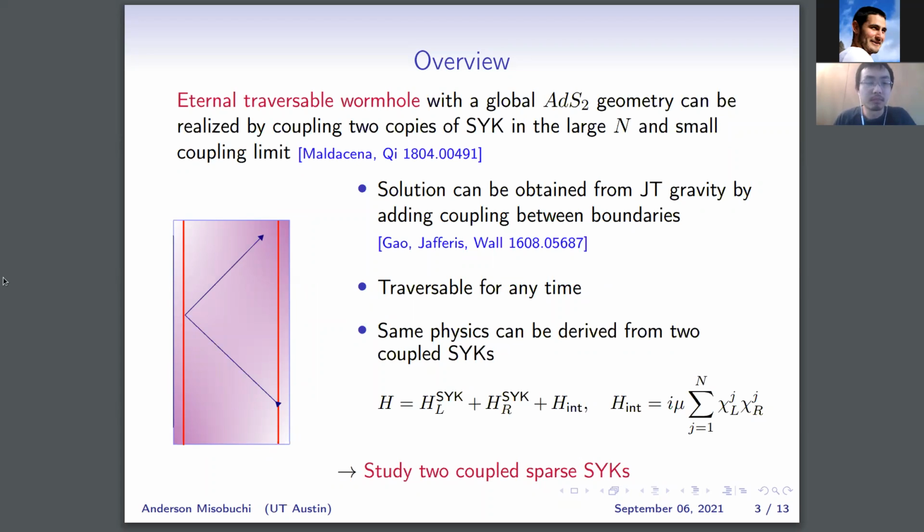For the all-to-all SYK, it has been shown by Maldacena and Qi that if you take two copies of the SYK model, which I call left and right, and you add a bilinear interaction between them, like this, with some coupling strength mu, then in the limit of large N and small coupling, this system is equivalent to an AdS2 solution that has the geometry of a traversable wormhole, like in this picture on the left.